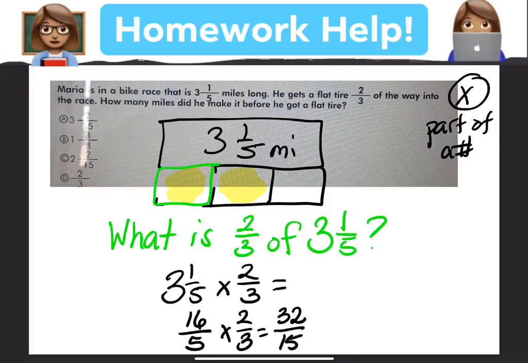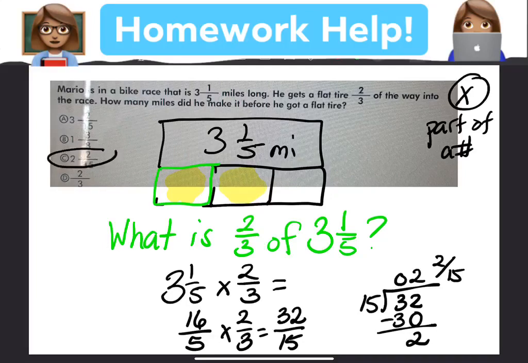You can see this is too big, so it's going to go into 32. 15 goes into 32 two times, so you get 30 and you have 2 left: 2/15.